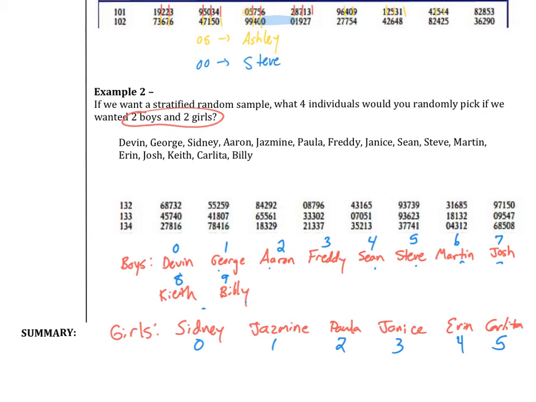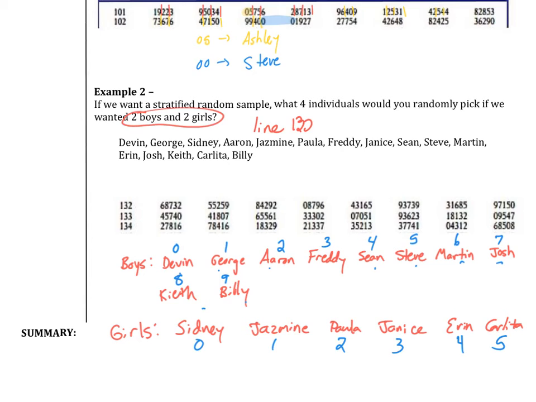So we give them all a number, kind of like marathon runners all have a number when they run the race. Everyone has a number because we're going to randomly pick some people. So we're doing single digits. You can pick which line you want to go with. Let's do line 132 for the boys and line 134 for girls.